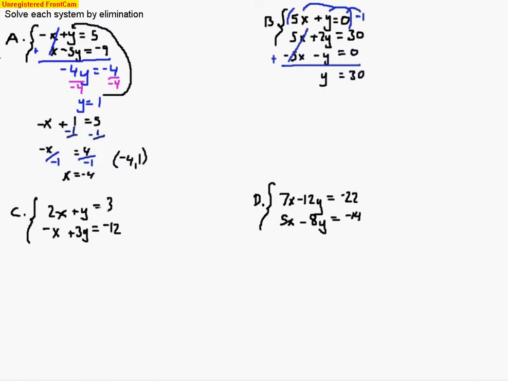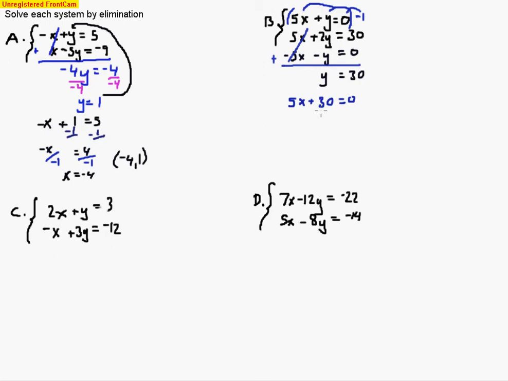So what I'm going to do is take this 30 and put it in place of one of these y's in one of these equations. I'm going to pick this first equation before I modified it. So let me go ahead and rewrite it. It's 5x plus y, but in place of y, I'm putting 30 equals 0. So from that point, I can just do one opposite operation here.